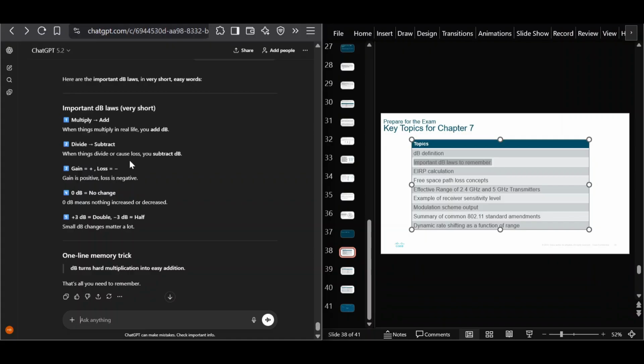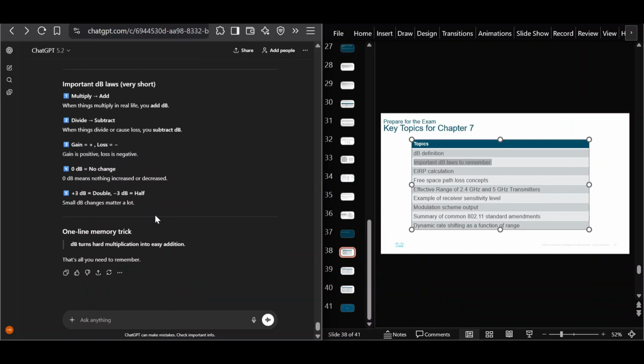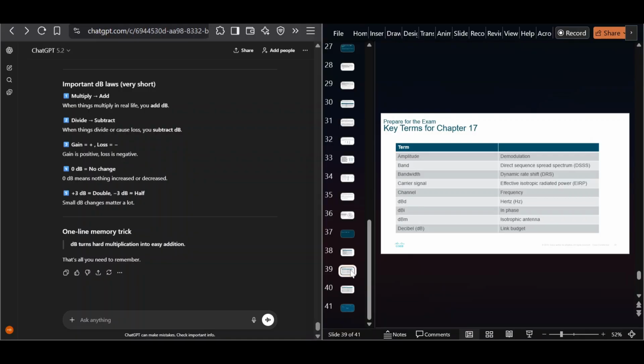When things divide or cause loss, you subtract. Loss minus gain equals, zero means nothing. Okay, so this is all for this first slide. Then moving to the next, we'll go to the next after this.